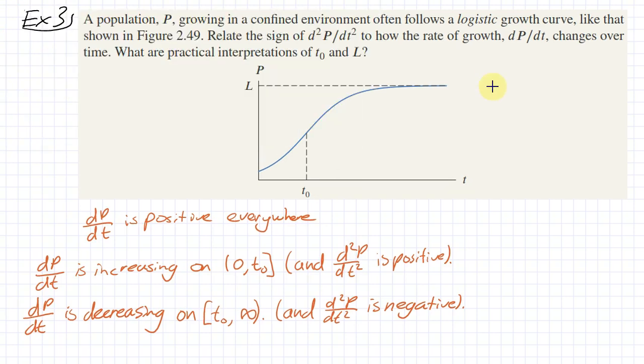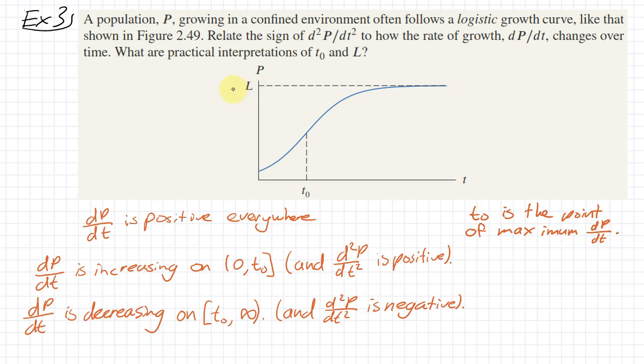So I'll just say t0 is the point of maximum rate of change of p with respect to time.